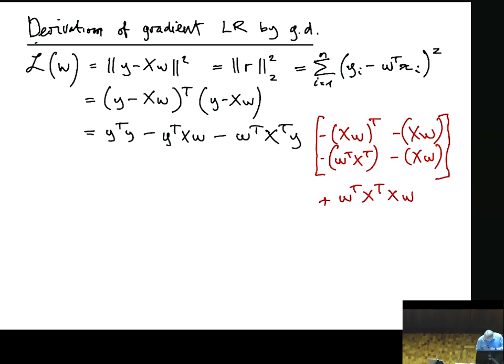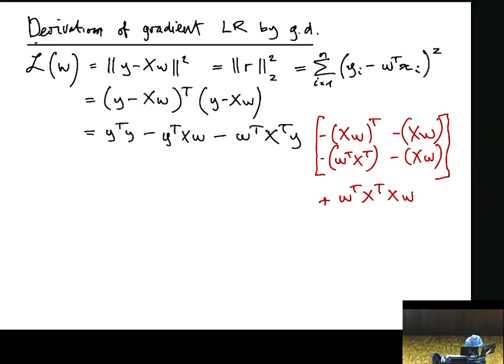Well, we can use the same kind of rule on transposes of products to do the following. I'll do it in red as well to make clear that this is a bit of working.